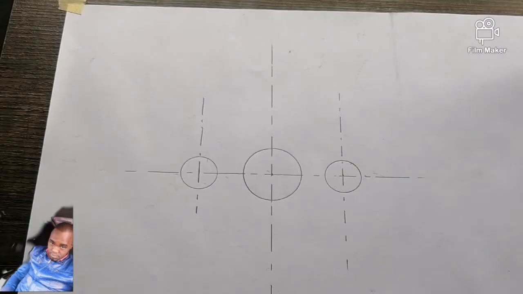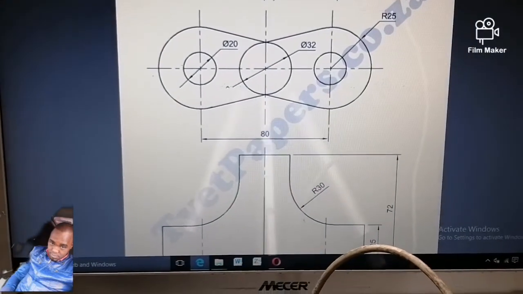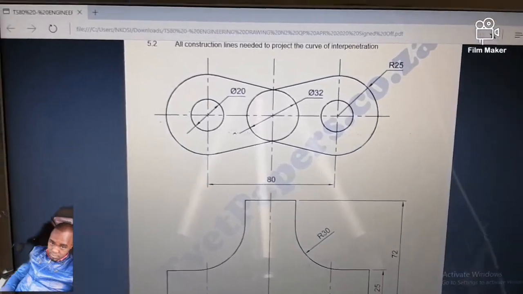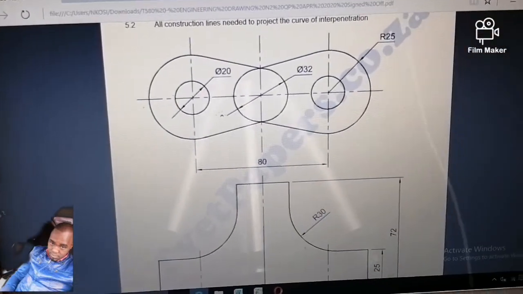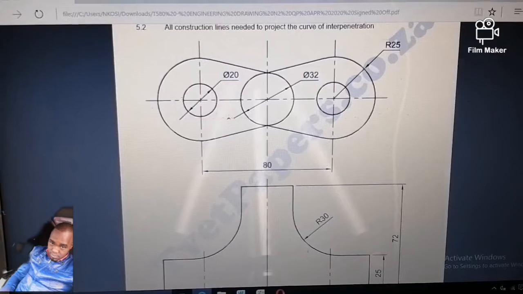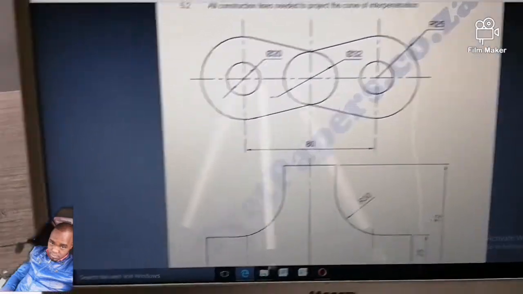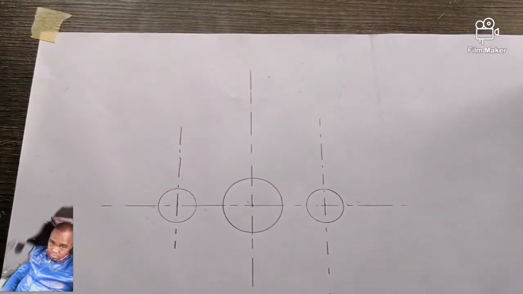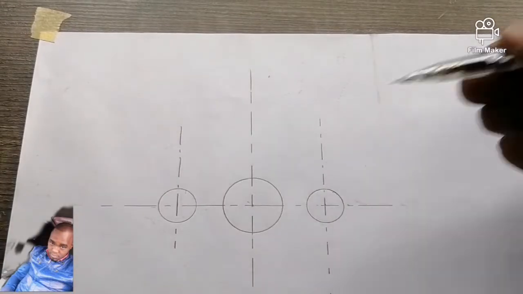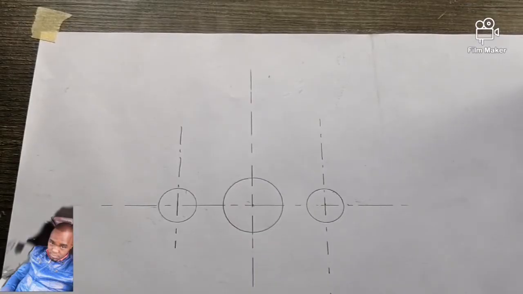So come back again, look right from your given question. So now we're having what? Radius 25, that we have to get rid of. Placing your compass where? Placing your compass here, get radius 25. How?